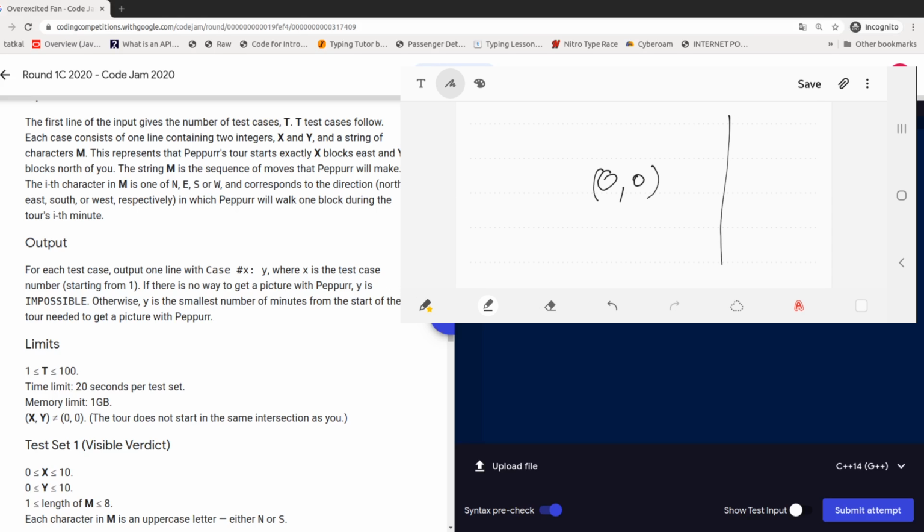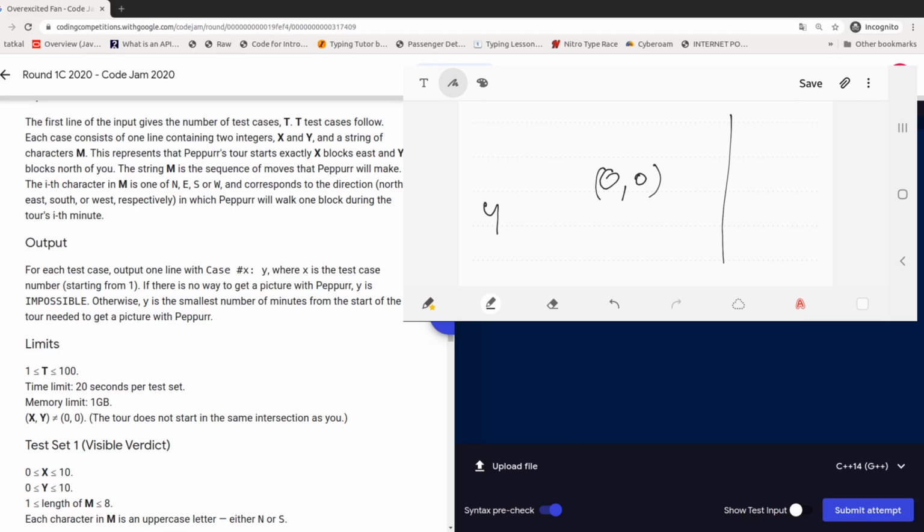The next thing is that in each step we have four choices, we can move in any of the four directions, and one more choice is to not move in any particular direction. So in total I have five choices.